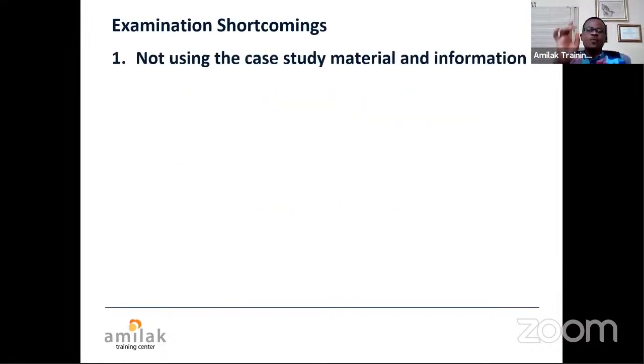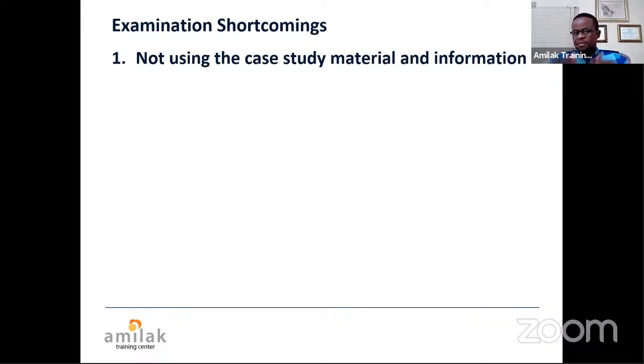Examination shortcoming number 1: not using the case study material and information that you have been given. A number of questions come with a case study. They'll give you a scenario, and it is usually, not usually, all the time, procurement related. Then they will start asking you questions about things that you know.